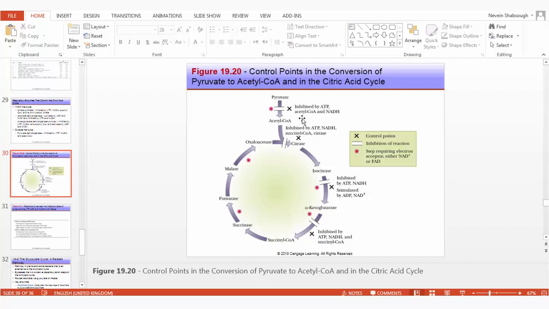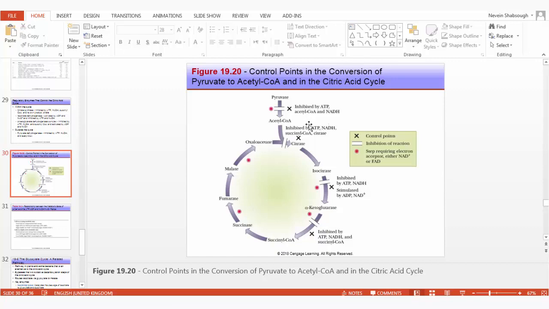And if we go back to here, also acetyl-CoA, which is the product, inhibits its own formation, and we call this product inhibition. Now, the enzyme pyruvate dehydrogenase is, however, activated by ADP, which is abundant when a cell needs energy.